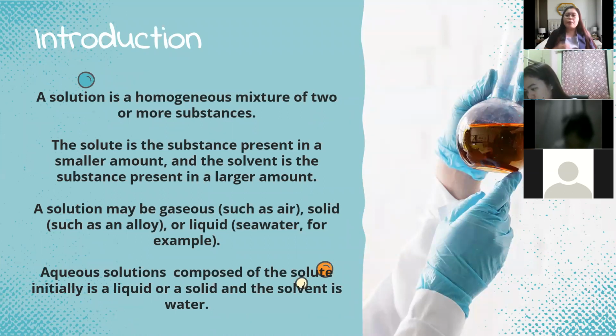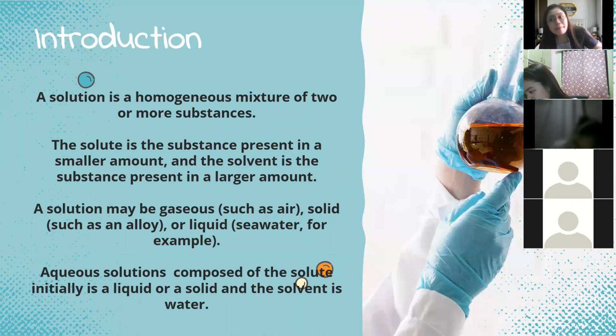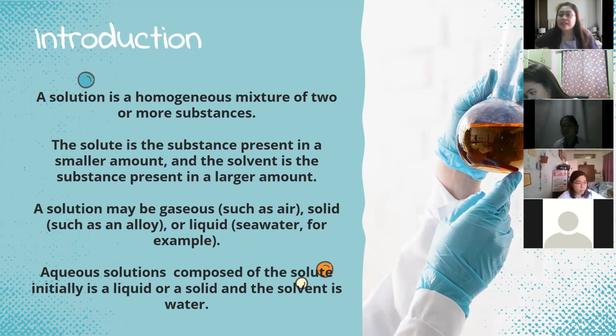The other component is called the solvent. Unlike the solute, this is present in a larger amount, and the solvent is used to dissolve. So if the solute is what is dissolved, what we use to dissolve is the solvent. Those are the two components of our solution, which is a homogeneous mixture.